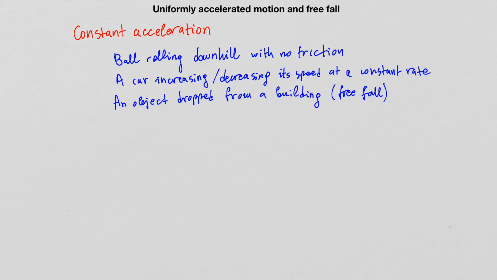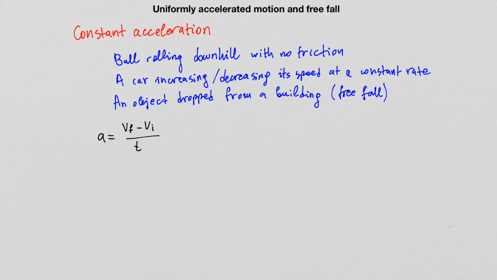We already discussed the relationship between the acceleration of a moving object and two values of its velocity and the time interval between those two values. This relationship applies for motion with constant acceleration just fine. So let's write it down just to have it here for completeness. The acceleration was equal to the final velocity minus the initial velocity divided by the elapsed time.